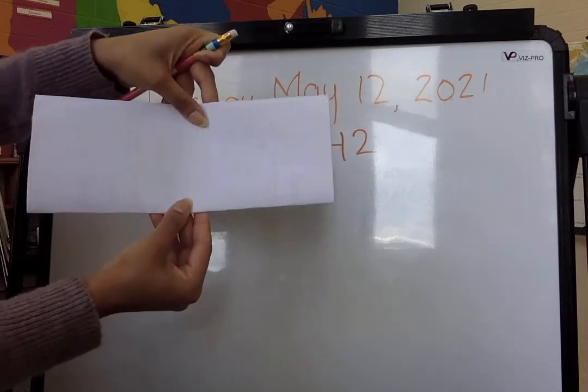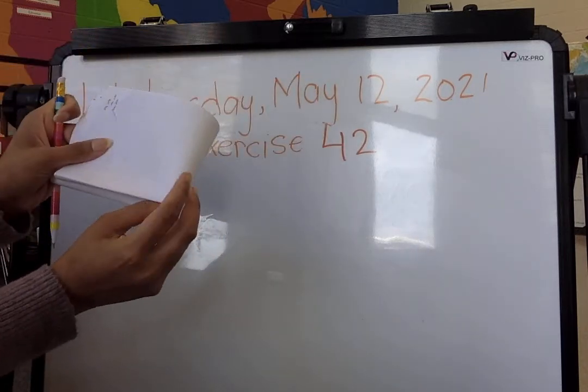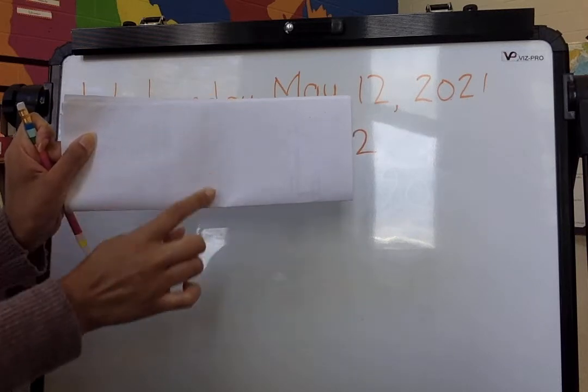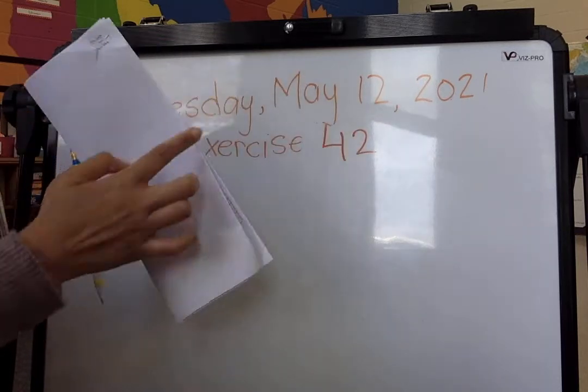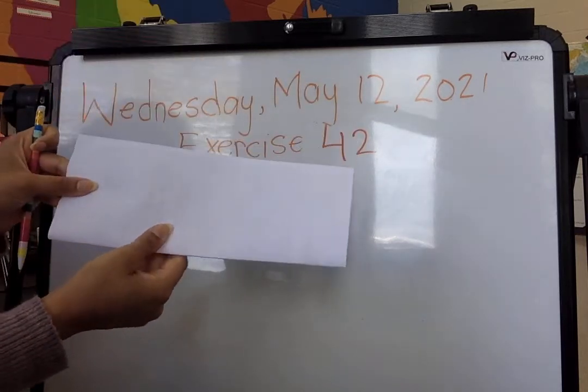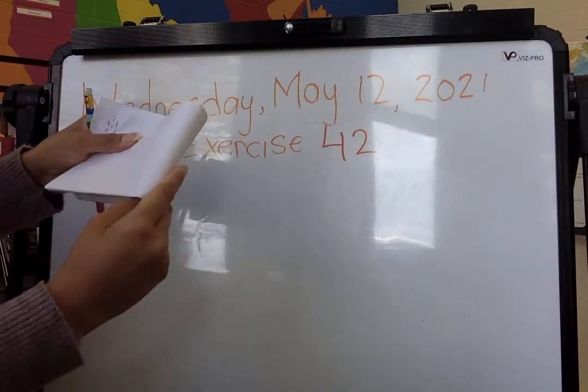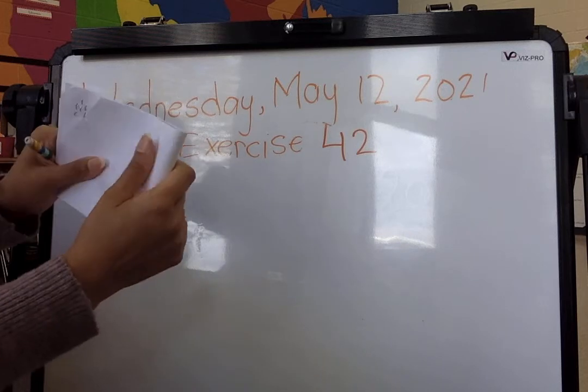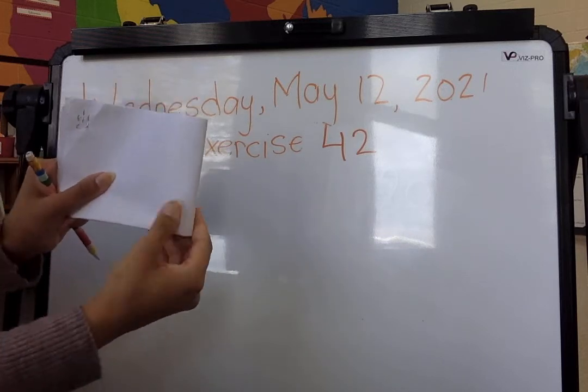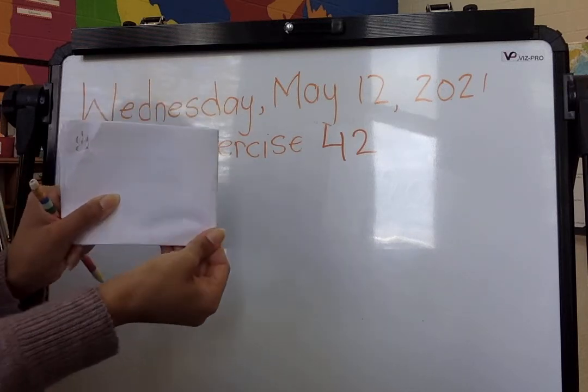Now if I fold it again, do you see how it's equal halves? Half on this side and half on this side. It's not uneven. Now if I fold it again, I've created another line of symmetry. Does that make sense?